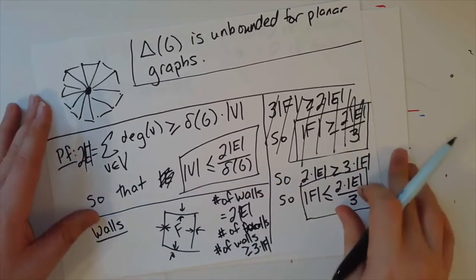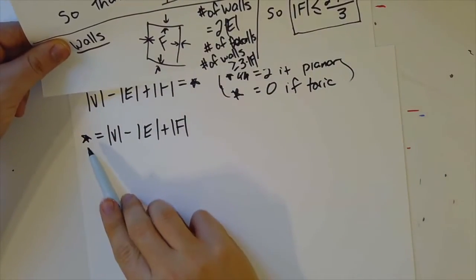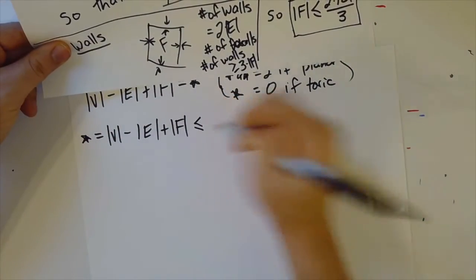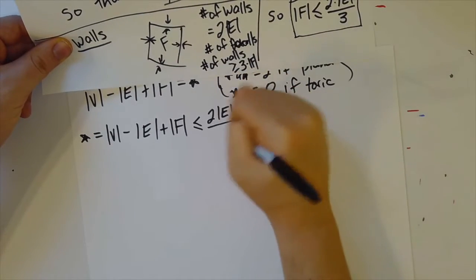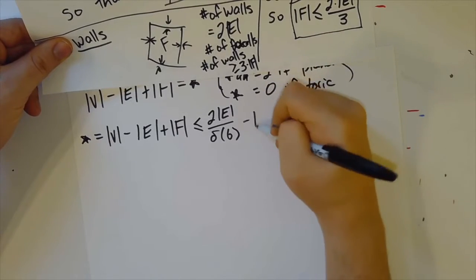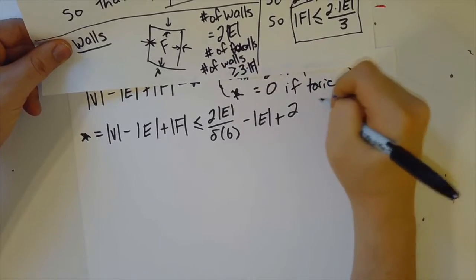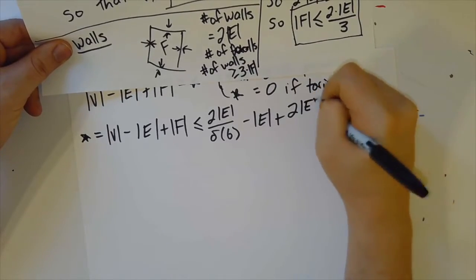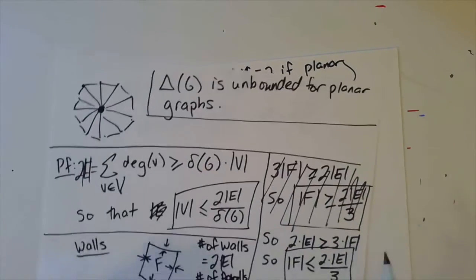So I'm going to plug both of those in, which is going to give me an overestimate of asterisk. Okay, so this is less than or equal to twice the number of edges over delta of g, minus the number of edges, plus twice the number of edges over 3. Okay, so all I did here was use this to overestimate the number of vertices and this to overestimate the number of faces.